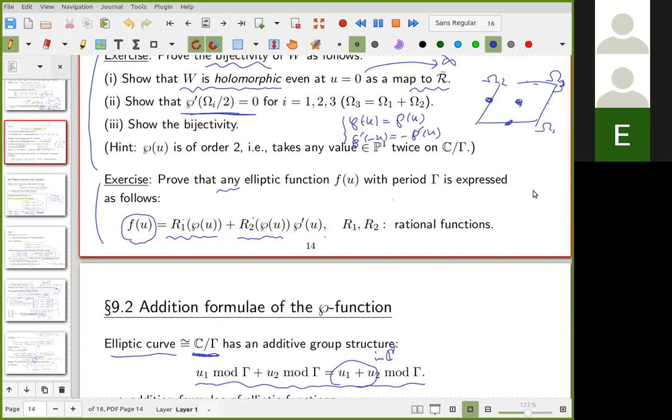Yes, I have a question. Is there a similar proof of the addition formula for the Jacobi's function? Probably yes. Many years ago when I talked about elliptic functions in Japan, one of the students proved their addition formula in the same way, but I don't remember the details.